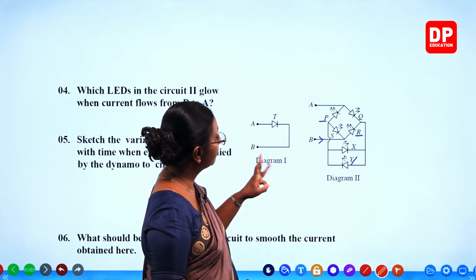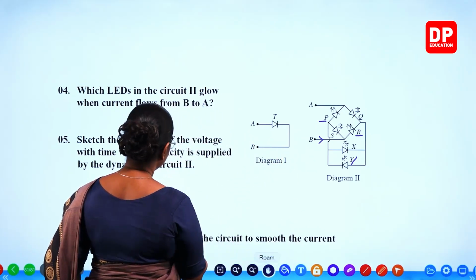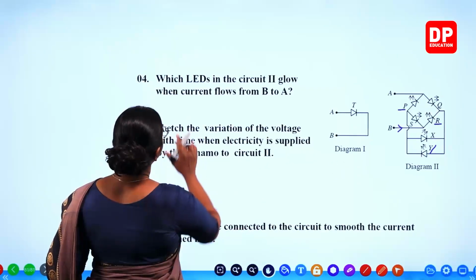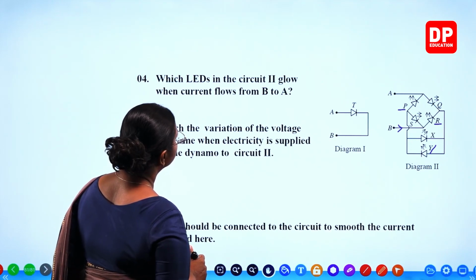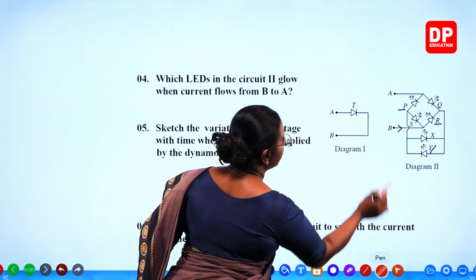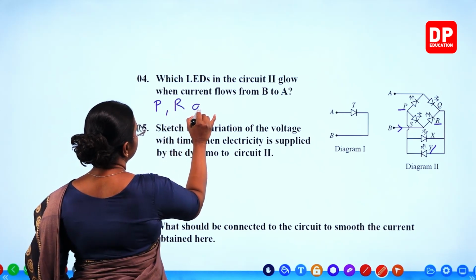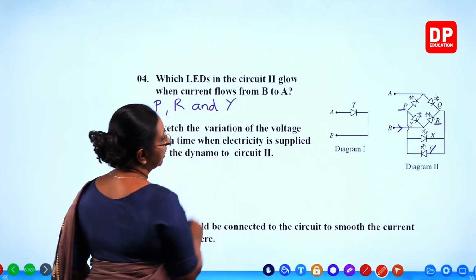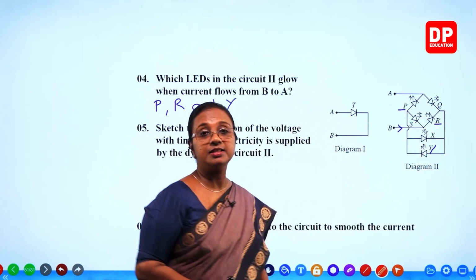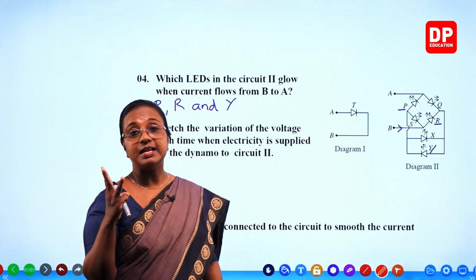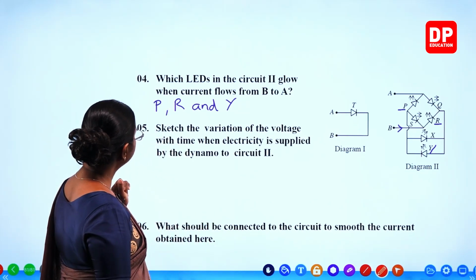So, the three diodes are P, R and Y. So, here you can see which LEDs in the circuit 2 glow when current flows from B to A: P, R and Y. Those are the 3 LEDs that are forward biased. Is that okay?